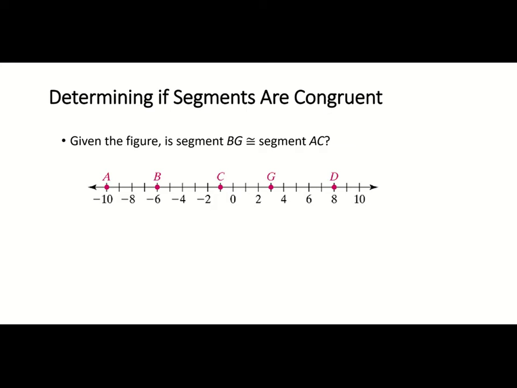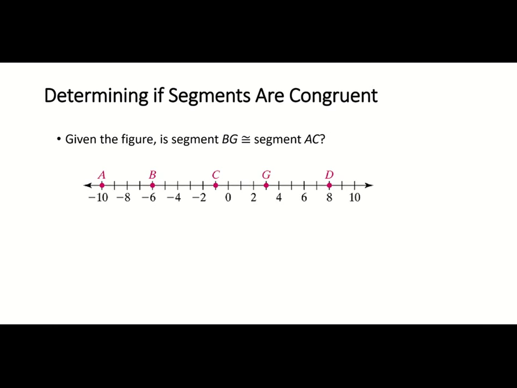Okay, so now what we have is some points on a number line, and they are asking us to tell them, is segment BG congruent to segment AC? So really they're asking, are the two congruent? There's a couple of ways you can do this. Some people tend to just look at the number line and they can count in between.